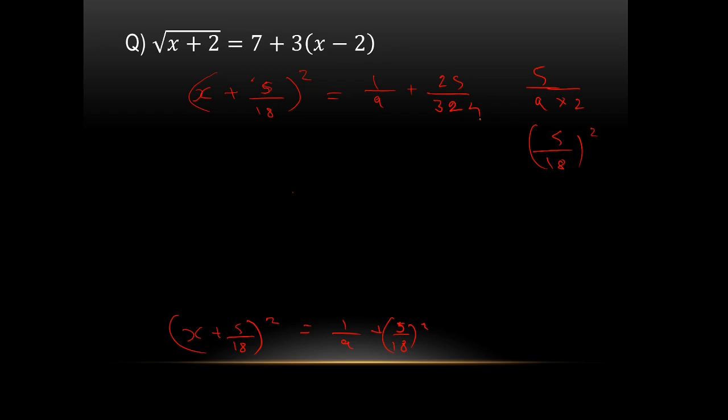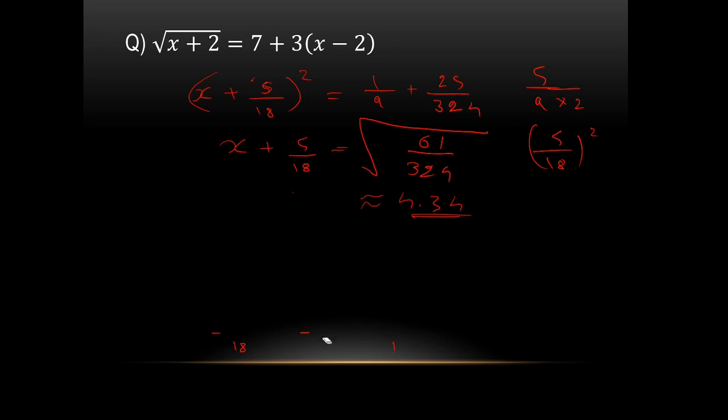So we take square root on both sides. Square root of 61 by 324 is approximately equal to 4.34.